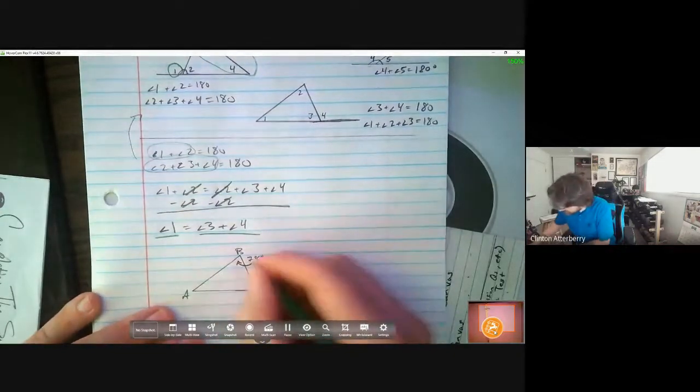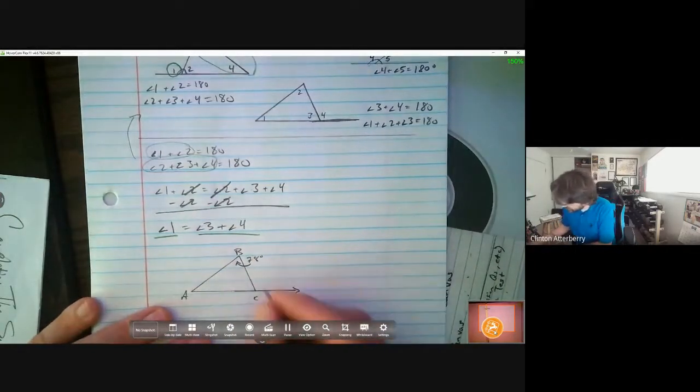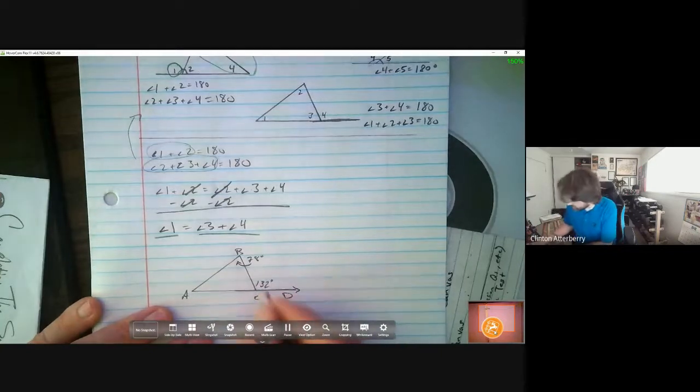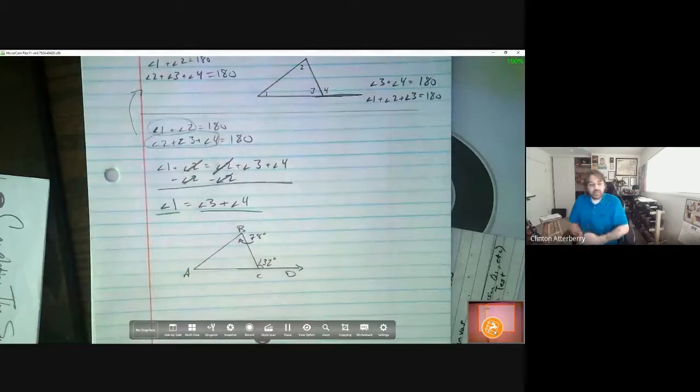And then over here on this piece, let's say 132 degrees, and they'll have a little marking on the angle right there.